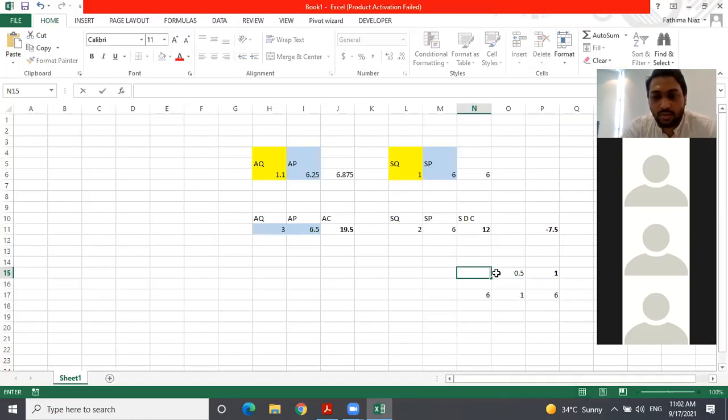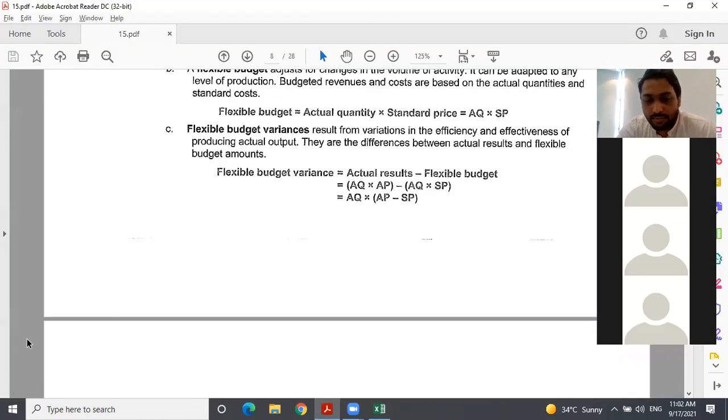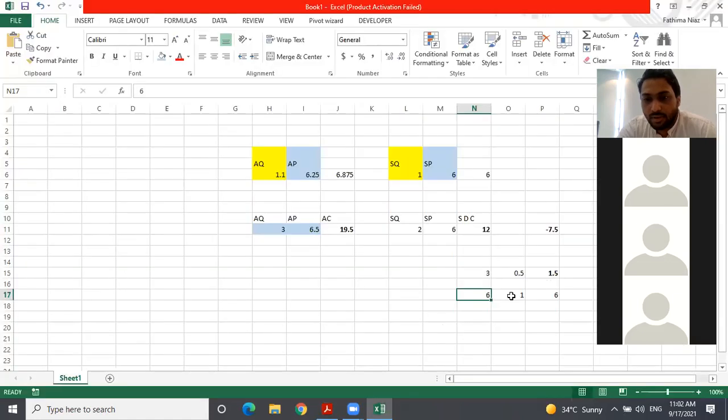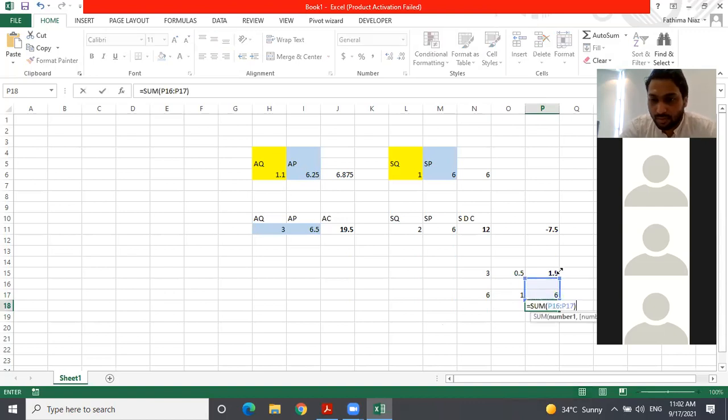So you will take your actual quantity as 3. Here, standard price you take. Actual quantity. Now, what is the total of the variance you have? 7.5, right?